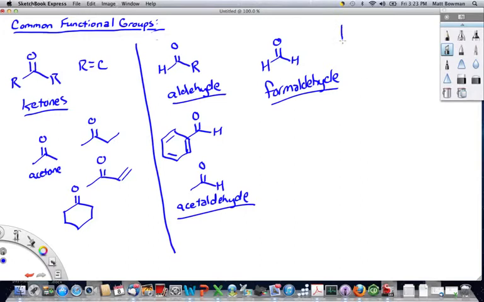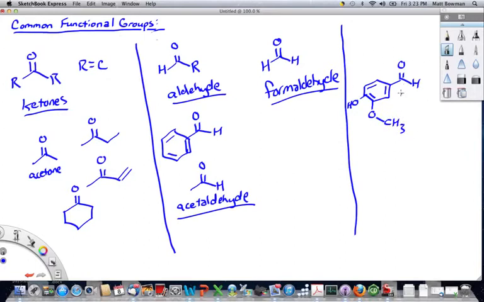Some molecules have different functional groups attached to them. So this molecule has a benzene ring. It actually has three functional groups.